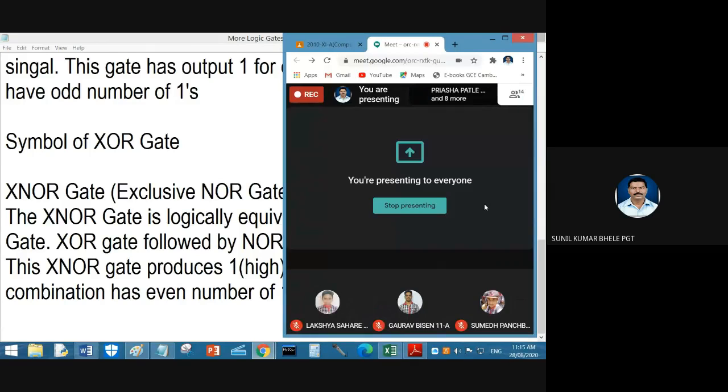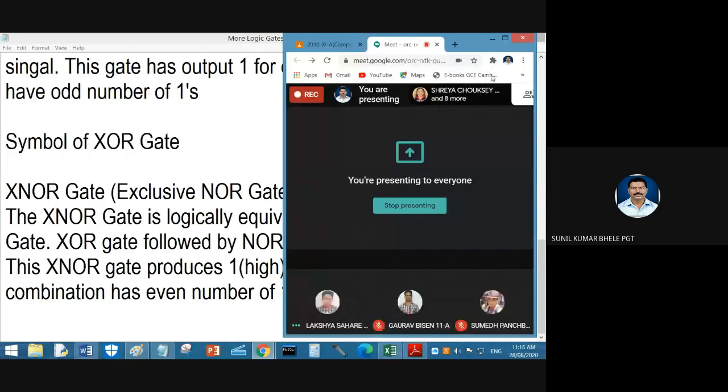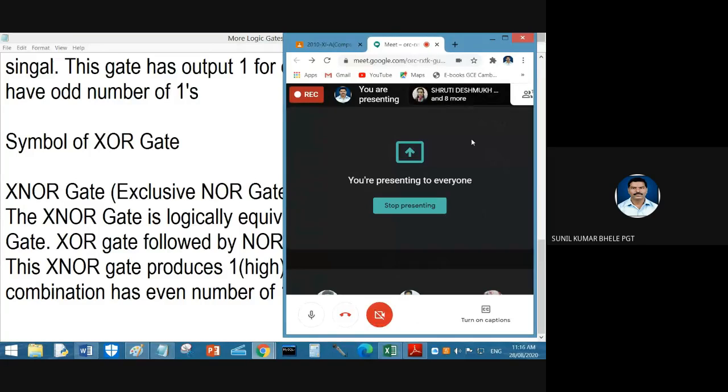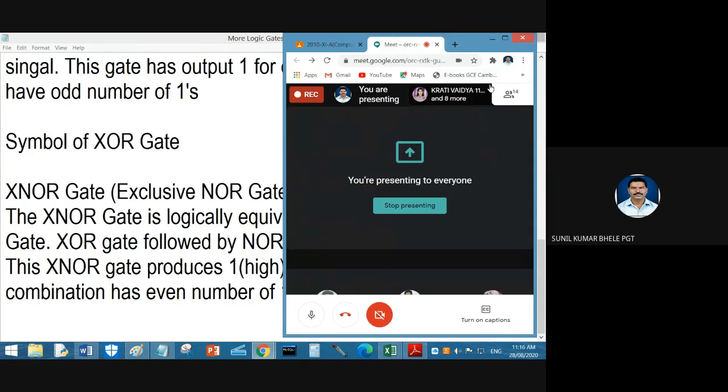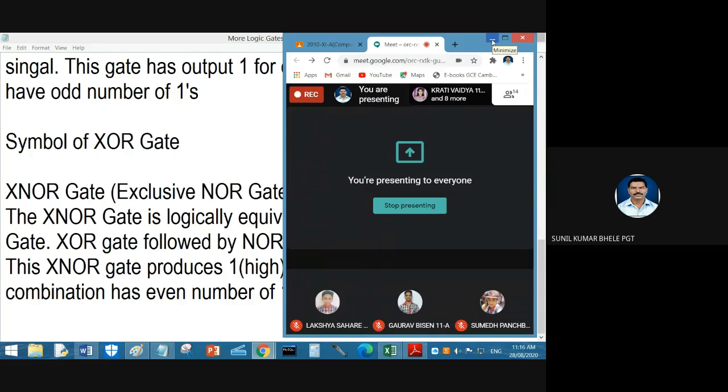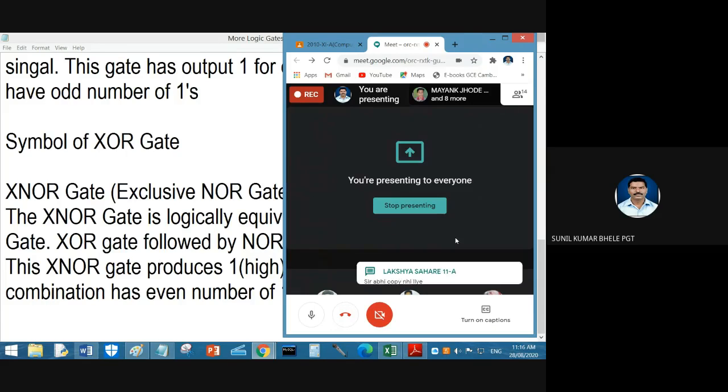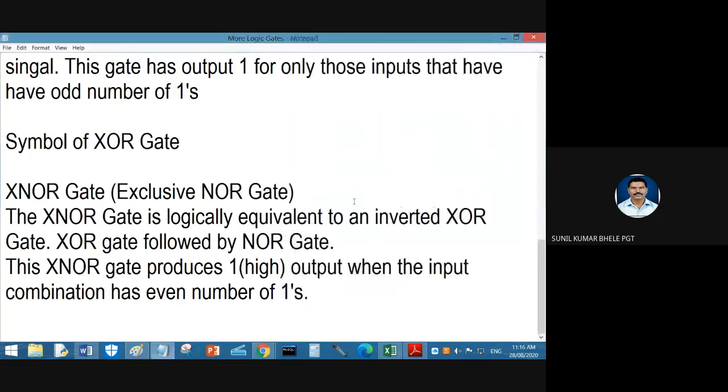You are not writing in the class 1 notebook? So where is your class 1 notebook? I am giving sufficient time to note down the notes in your class 1 notebook.